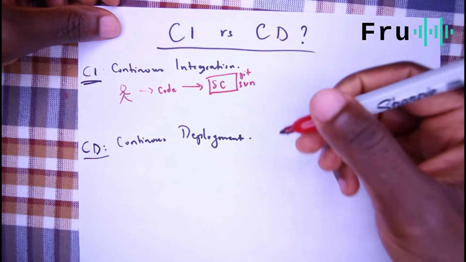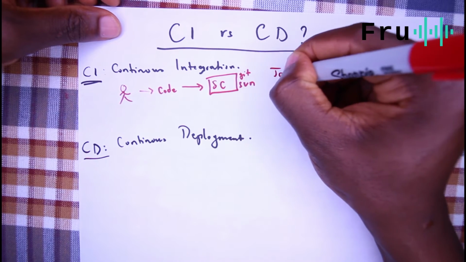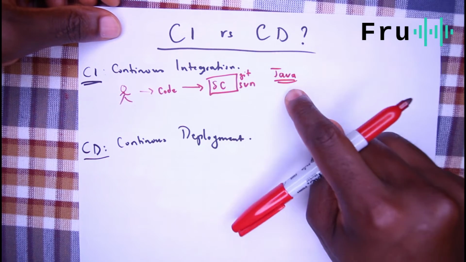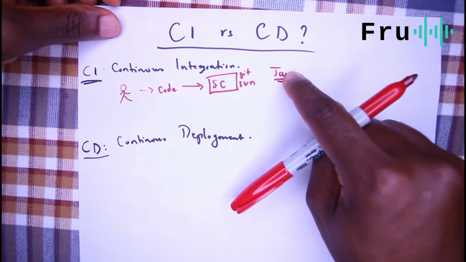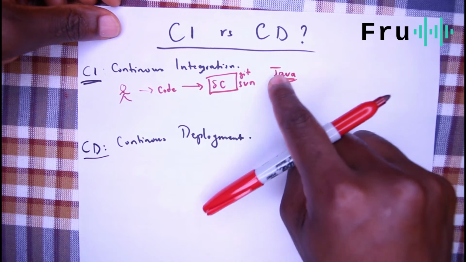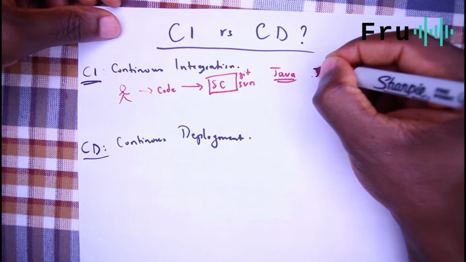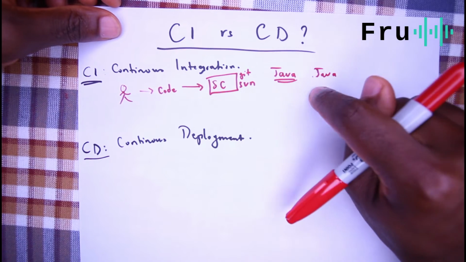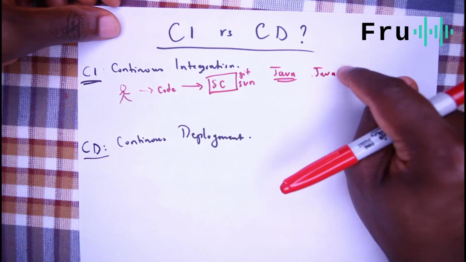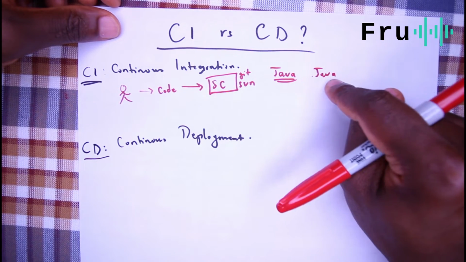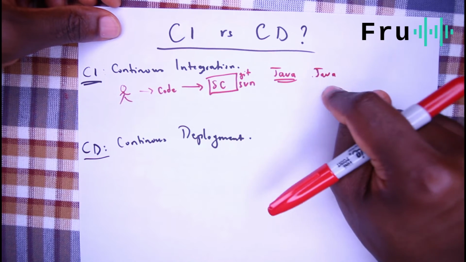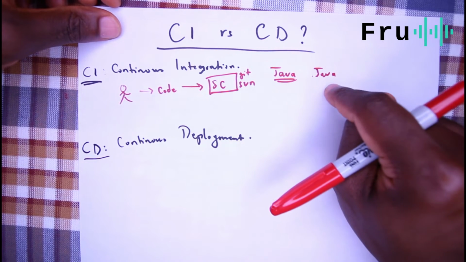So if you take something like Java as an example, when you write code, you're actually writing .java classes, so your code will be in .java files. But these Java files are just code. You can see all the code you've written, but you can't run this yet.